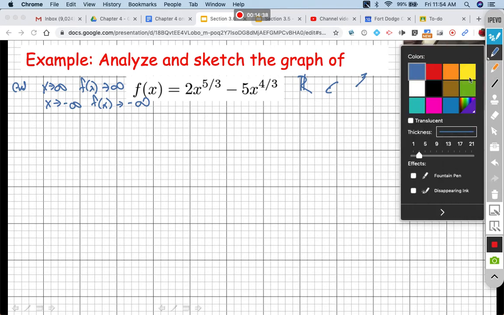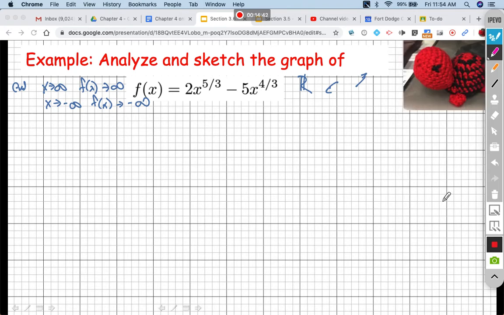So let's start looking at zeros. If we want 2x to the 5/3 minus 5x to the 4/3 to equal 0, I have a common factor of x to the 4/3, and that's going to be 2x minus 5.